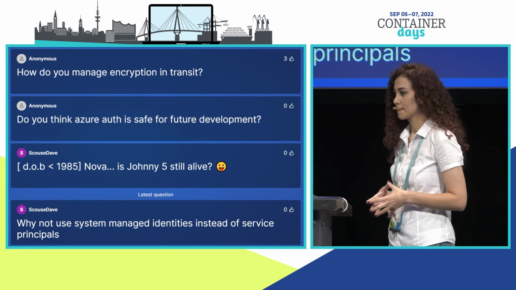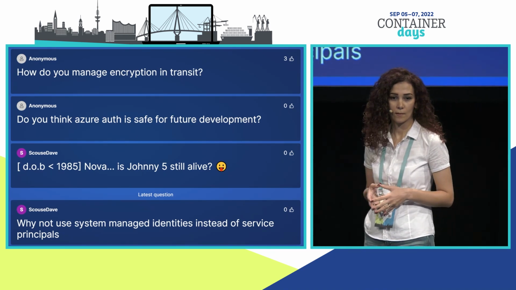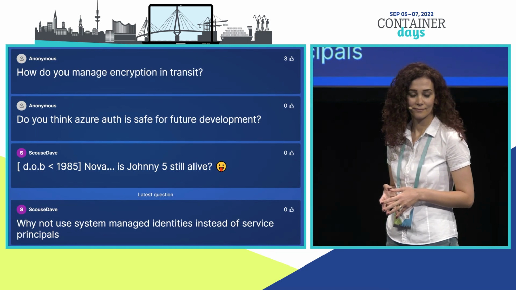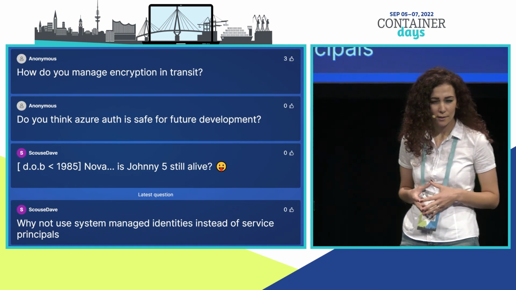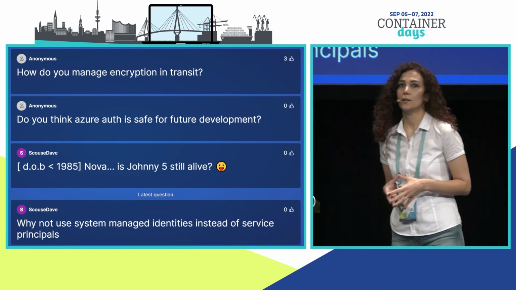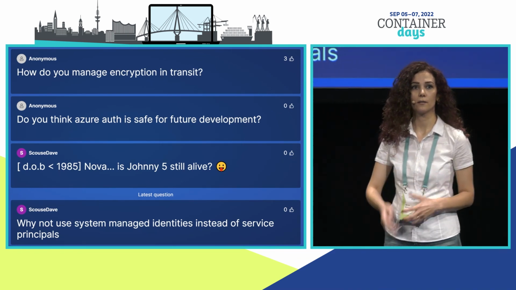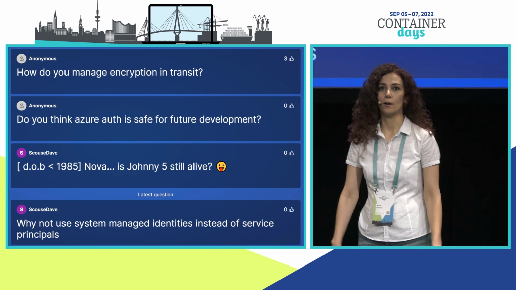Okay, maybe one last question. I'll go for the technical one first. Why not use system-managed identities instead of service principals? Yeah, because in the case of our customer, it was very difficult to move their applications to the cloud that fast.